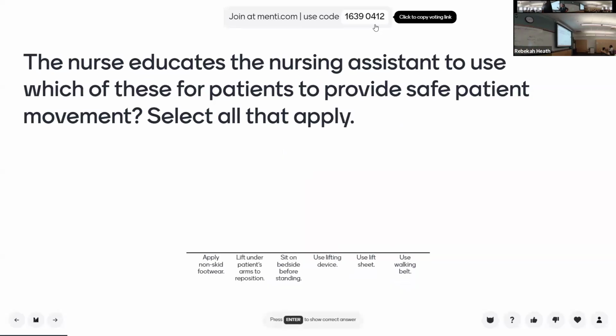Okay, so next question. A nurse educates a nursing assistant to use which of these for patients to provide safe patient movement? So looking through all of these, you can hopefully select more than one.